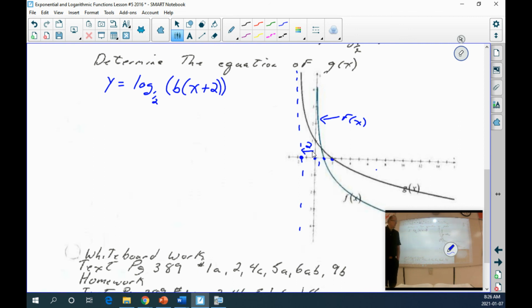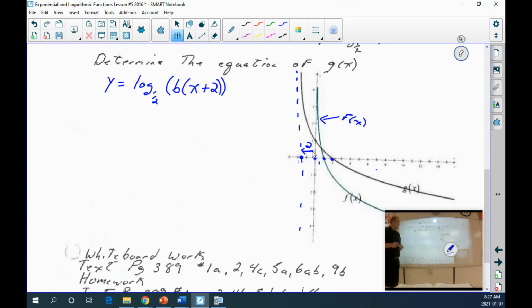Now we have to find b. The distance between the vertical asymptote and the x-intercept was initially 1. The distance is now 4. So we can say it's going to be a horizontal stretch of 4. That would mean b would be equal to 1/4.